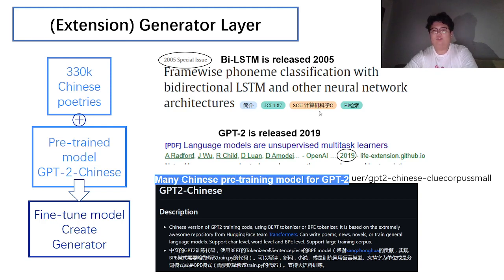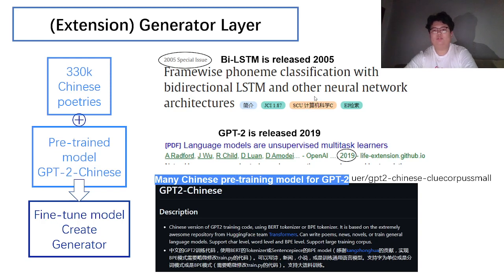The fine tuning of GPT-2 is easy to do, and in embedding, we are using words as units, and the Chinese poems have a strict limit on the number of characters per line, so it needs to be re-embedded.